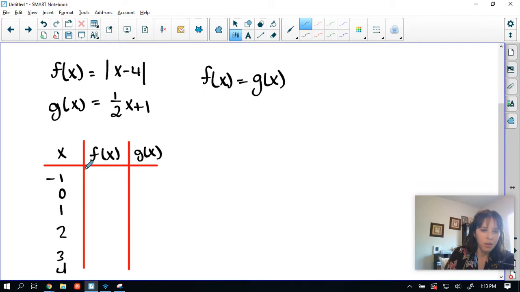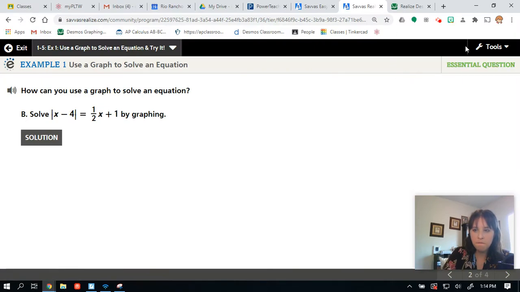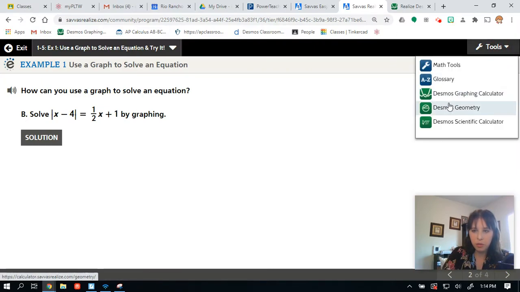And then you plug these values into the equation and you find all the values, and then you could graph it that way. Or we could go over to Desmos, and again, use some of the tools that we have.